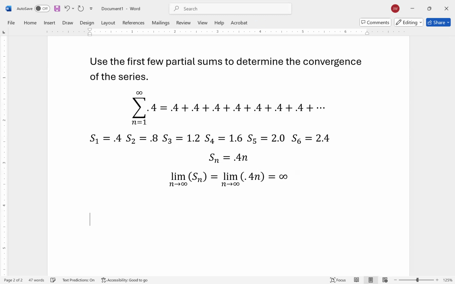That means we say that this original summation diverges, or diverges to infinity.